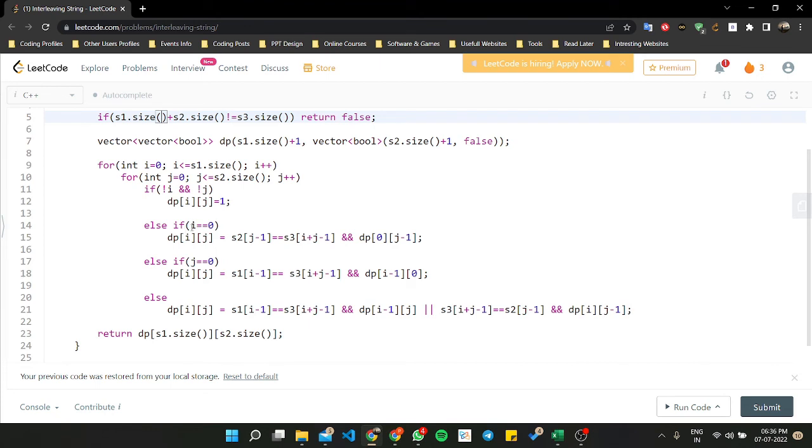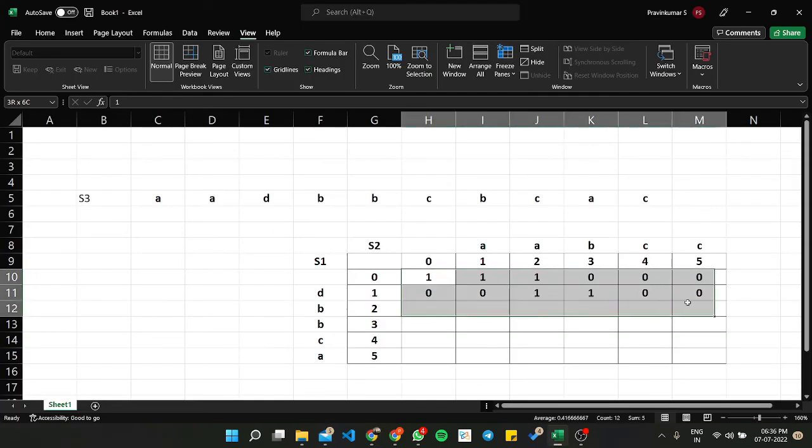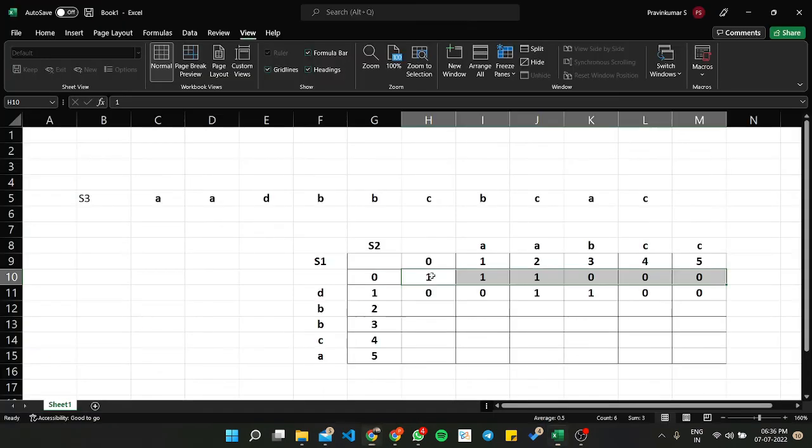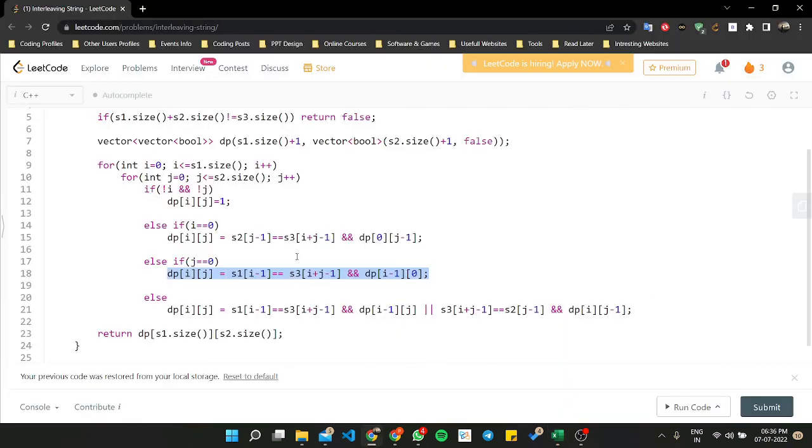If it is the first row, imagine this, for this row there is no upper bound, so it can only be checked with the left-hand side. The same way it also works for the first column, which is also a corner case. There is no left-hand side for this, so it can only be checked with the upper one.